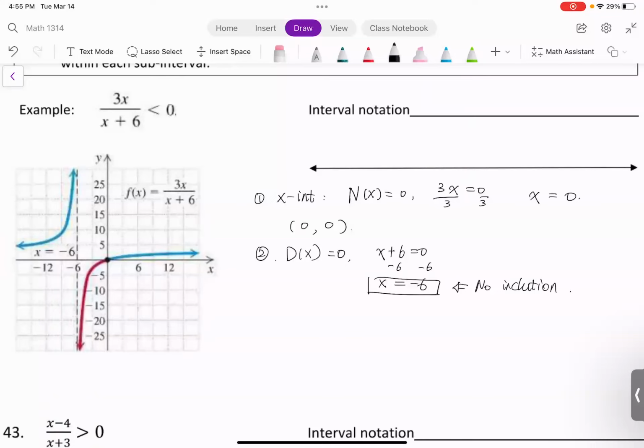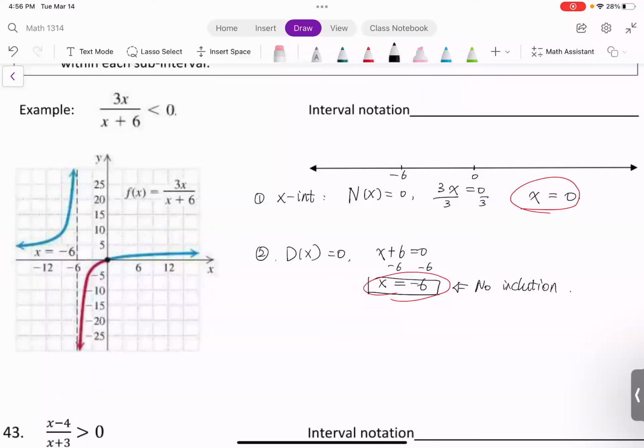So let's plot the 2 key points there, x equals 0 and x equals -6. -6 goes first because it's more negative, and 0 is here. So we have 3 parts.